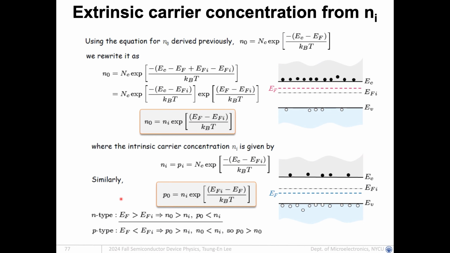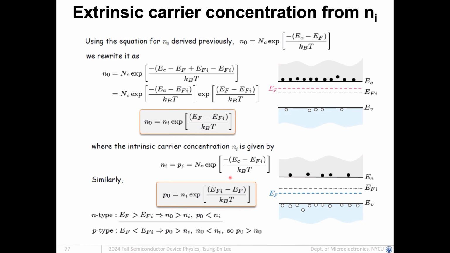Next, the formula is shown here. If we want to rewrite it, not only using EC and EF, we can use the intrinsic carrier concentration and intrinsic Fermi level. Then we just change the parameters here, including plus the intrinsic Fermi level and minus the intrinsic Fermi level. And you get another way to express the hole and electron carrier concentrations using the intrinsic carrier concentration and the intrinsic Fermi level.